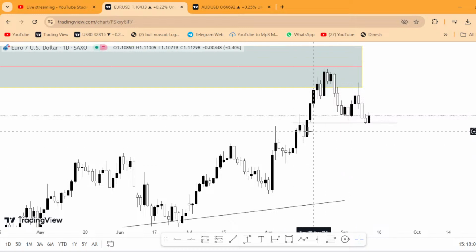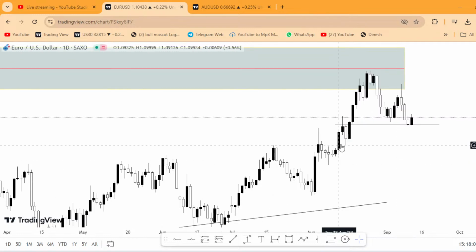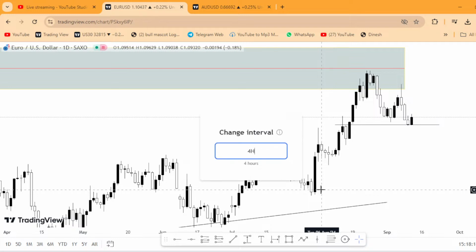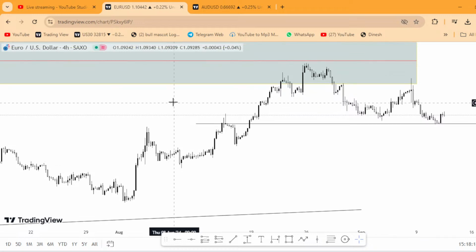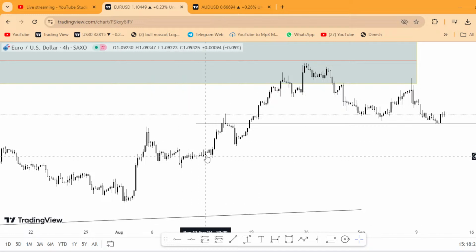There is this supply zone. I don't know if you can see it, but let me switch to H4, sorry, demand zone. So you would see here there was a zone that price broke. This was like the last break.